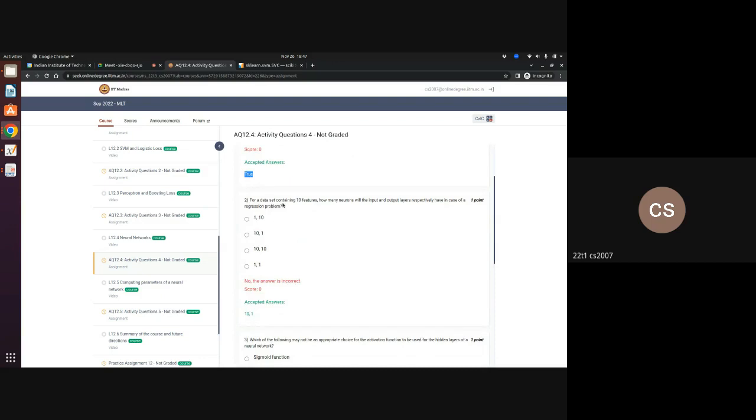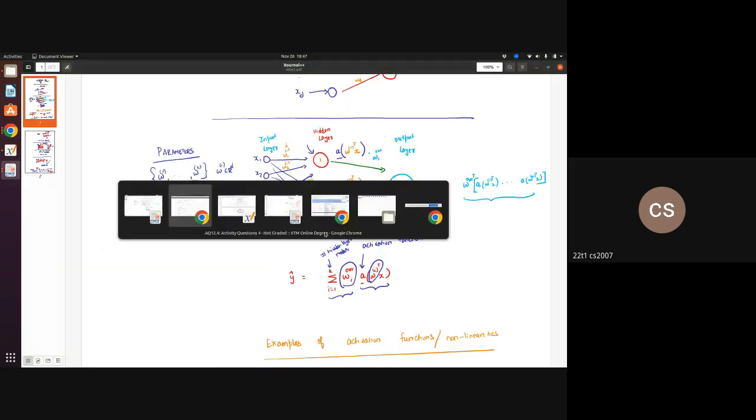Okay, for a data set containing 10 features, how many neurons will the input and output layers respectively have in case of a regression problem?